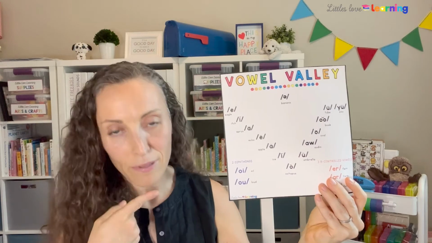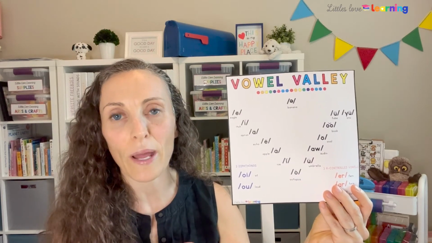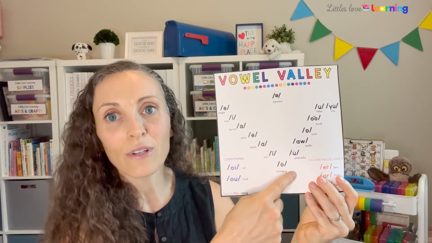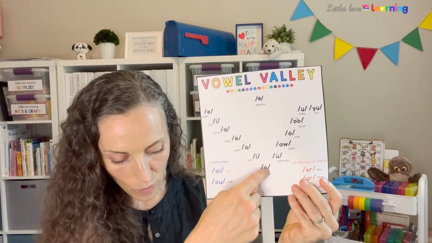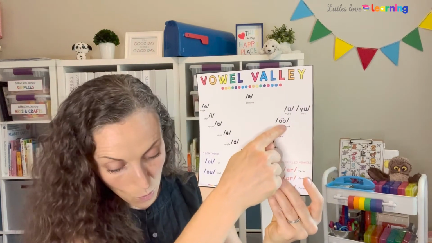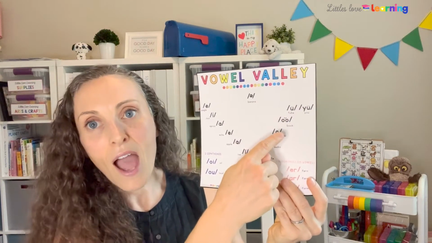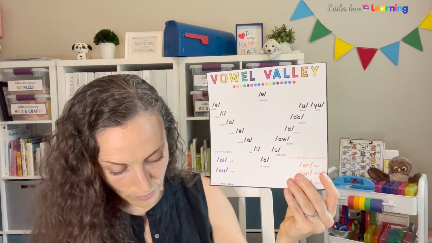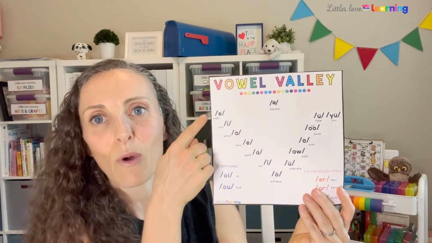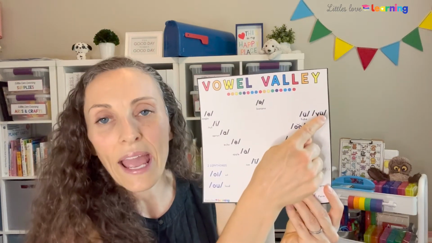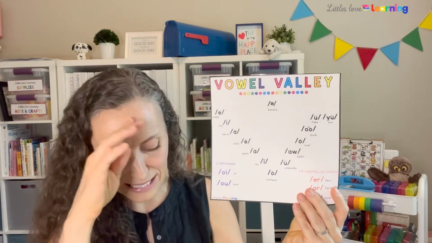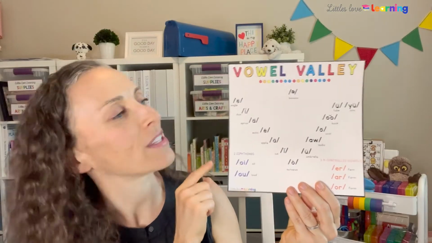Our chins are up and our mouths are just barely open. Then we get more open, more open, more open as we go down. This is where our mouth is the most open. And then we go back up, and these are made more toward the back of the mouth, and our lips are becoming more rounded. That's why it's set up in this way, because it's how we change the shape of our mouth to make that sound. So let's talk about each of these sounds.